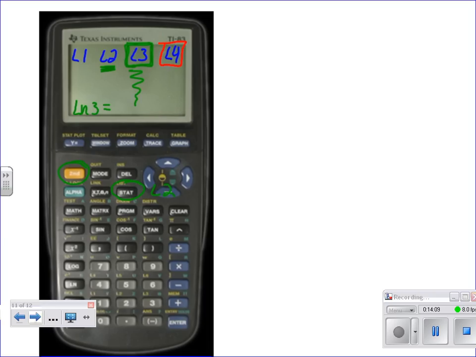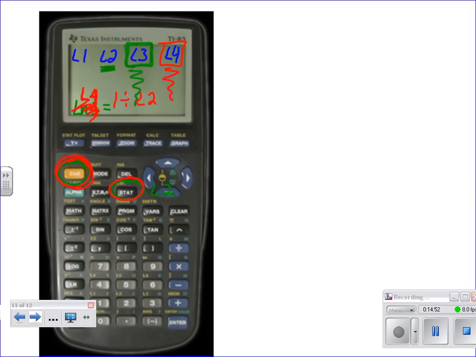Now we're going to see that it says L4 equals, and you're going to say 1 divided by, whereas earlier you would have said natural log, but now we're saying 1 divided by, and this is when you hit second function, then your list, and again you're going to scroll down and hit L2 and enter, probably twice, I think. And then this will just all fill in. Hopefully that makes sense to you guys.